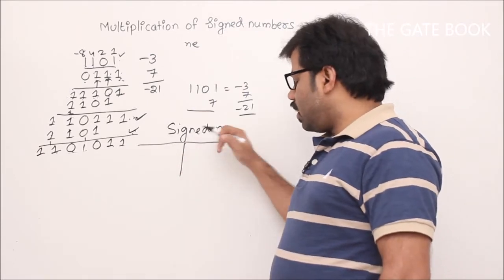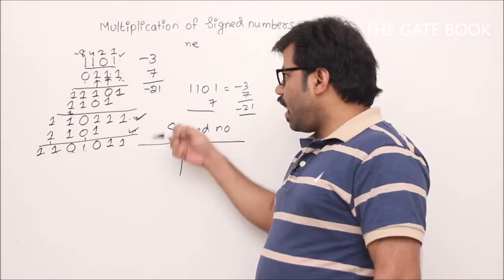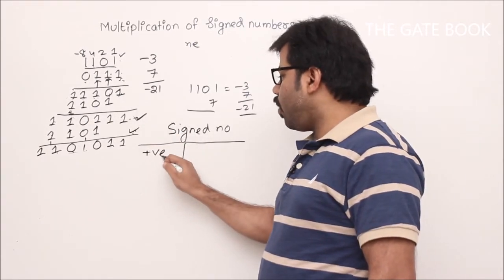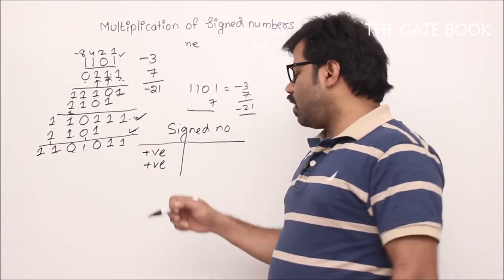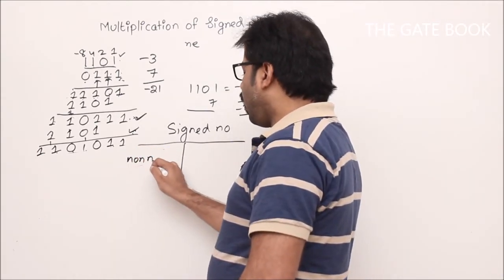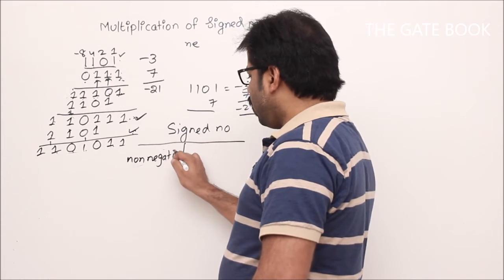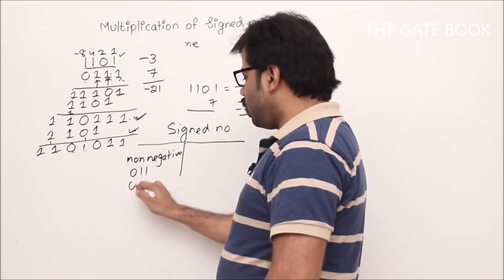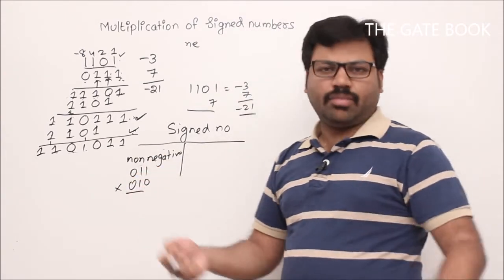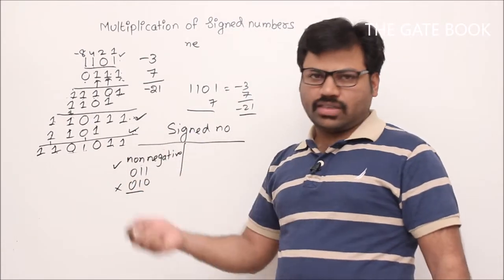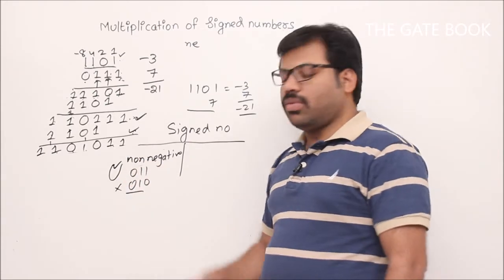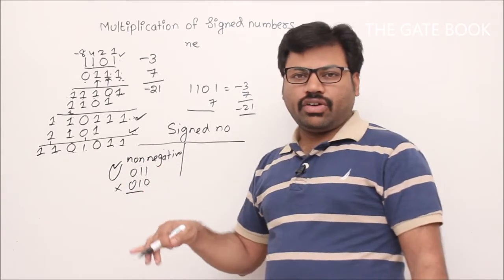Maybe the numbers you are multiplying are positive, or otherwise non-negative, like 0, 1, 0, 1, 0. Then you can multiply like unsigned numbers. Already you have a logic for unsigned numbers, so we don't have any problem when multiplying two non-negative numbers.